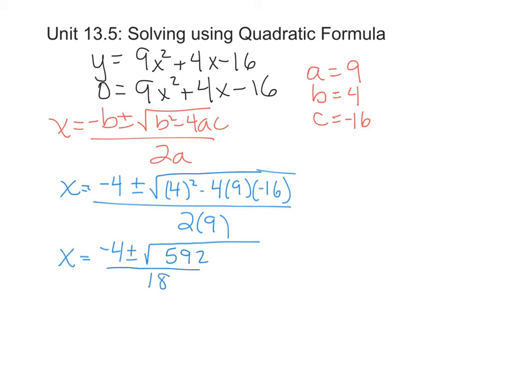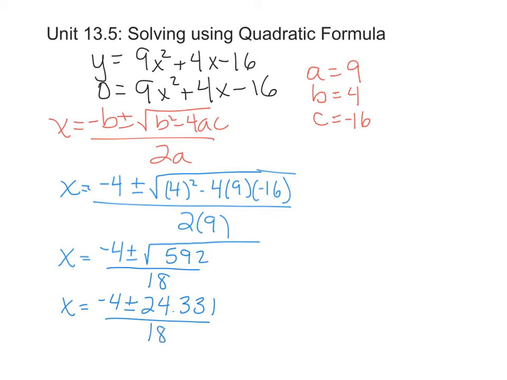Remember, the square root of 592 is not an even number, so we've got x equals negative 4 plus or minus 24.331 all over 18.